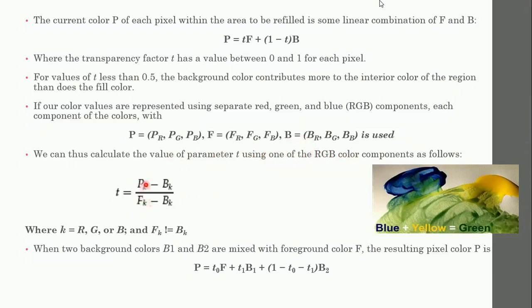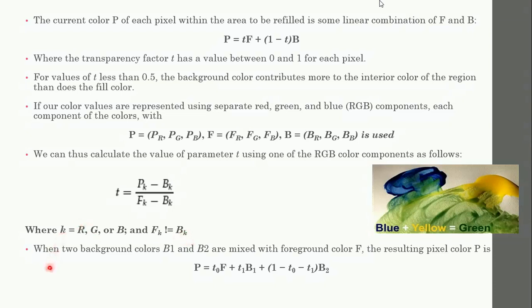T is equal to PK minus BK divided by FK minus BK. Okay, so P is nothing but the current pixel color, BK is the background color, FK is the foreground color, where K is equal to R, G or B. Here also remember that FK is not equal to BK, that means foreground color should not be equal to background color.